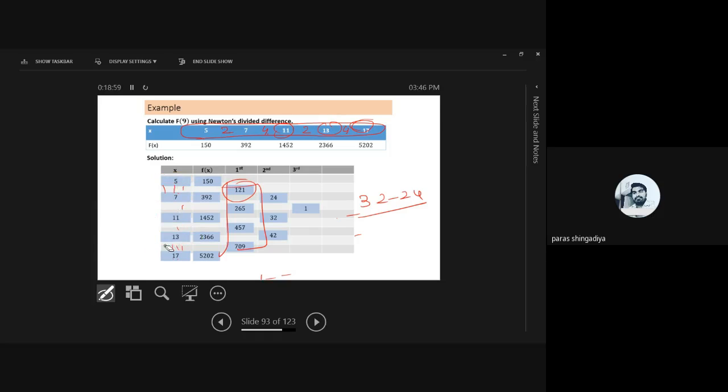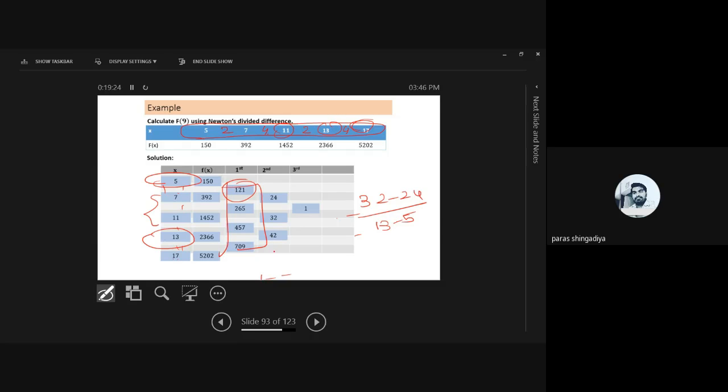We'll consider the first value, skip 2 values, and then the next value is 13. So the denominator will be 13 minus 5, that is x3 minus x0. Now you can verify the answer. 32 minus 24 is 8, and 13 minus 5 is also 8. So 8 divided by 8 will be 1. Here you will get 1.